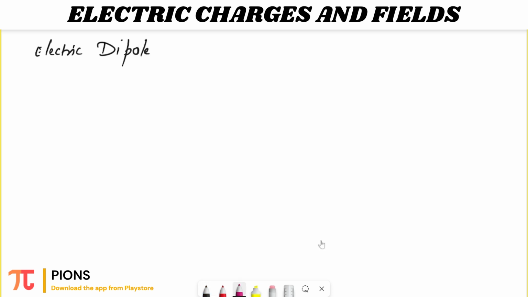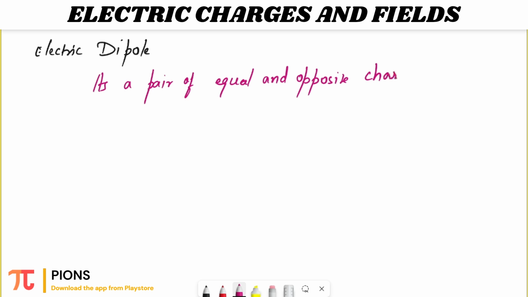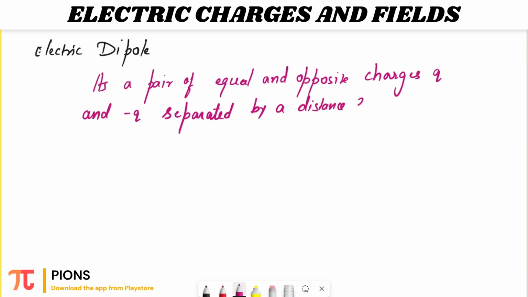An electric dipole is a pair of equal and opposite charges Q and minus Q separated by a distance 2a.